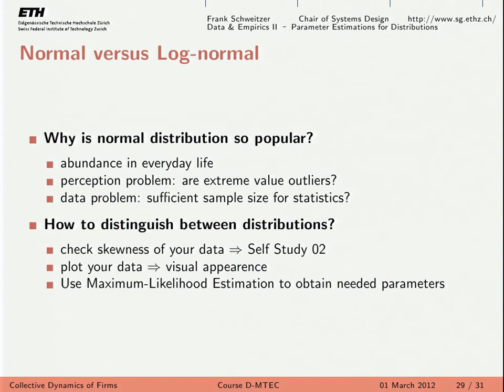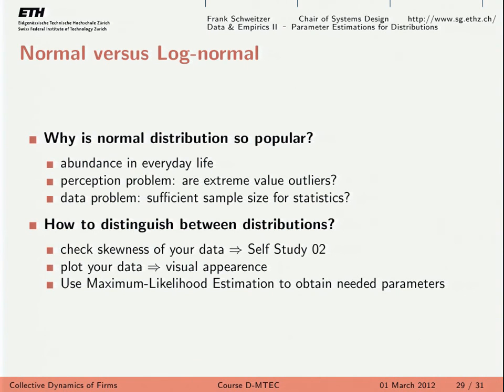So if we observe outliers or extreme values, then we have a mental problem to see whether this is really an outlier or whether this belongs to the distribution, but it is just another distribution, not a normal distribution. That is a problem that prevented the log normal distribution from being recognized for a very long time. Because in previous times, people automatically assumed that the most common distribution is a normal distribution.